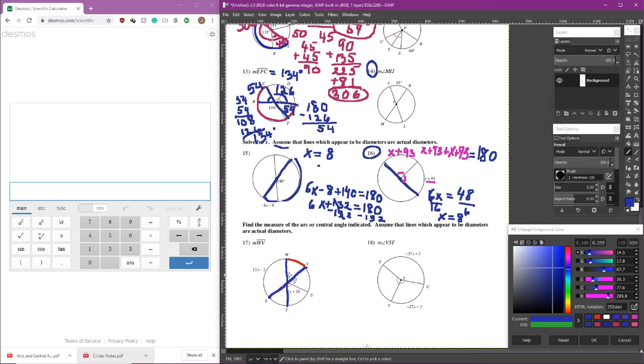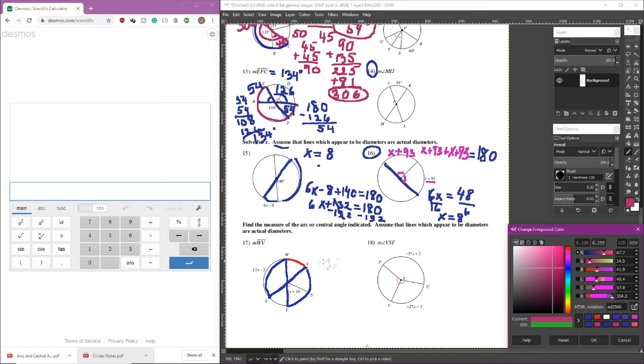Notice something. First of all, you have just created two vertical angles because those straight lines intersect. We know that vertical angles create angles that are the same. So if we look at the arc that goes from W to S, we know that the arc WS is going to be the same as the arc that goes from V to T. We also have some information that's given to us.